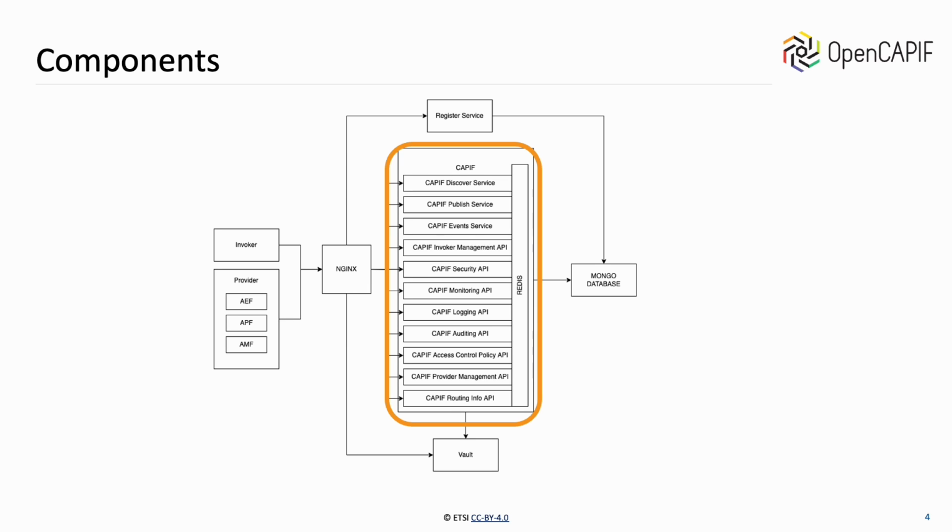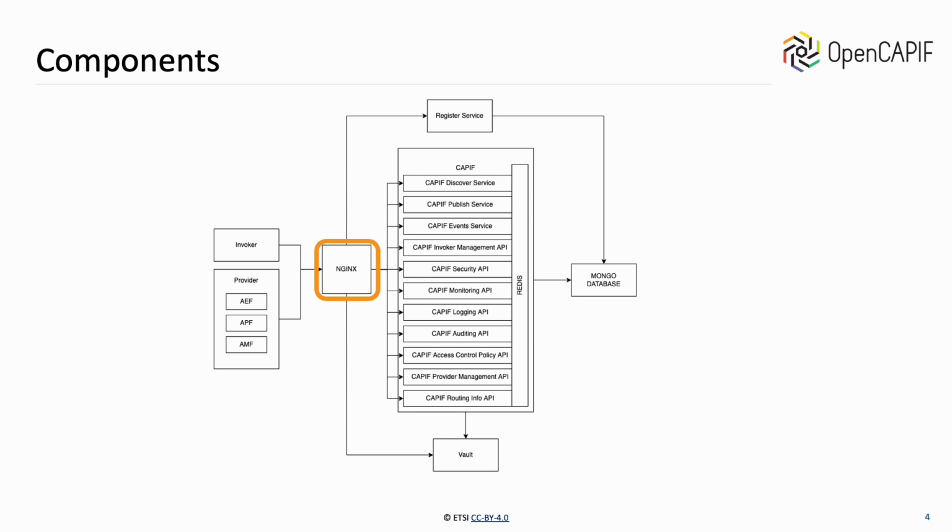In addition to the list of services, in the implementation that we have made, we have added other auxiliary services, such as the register service, to provide credentials to invokers and providers the first time they want to connect to CAPIF.